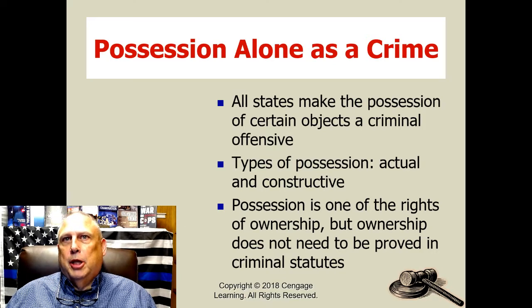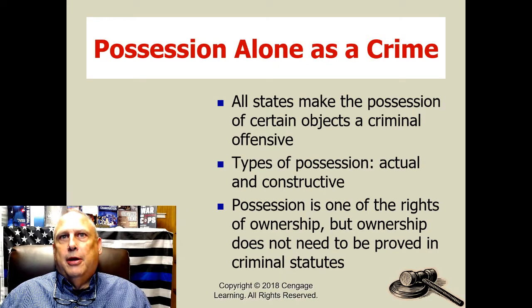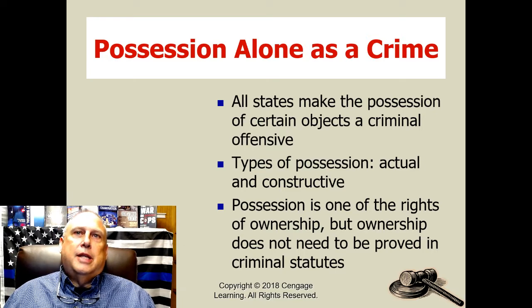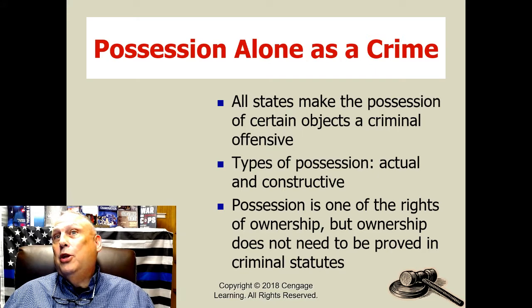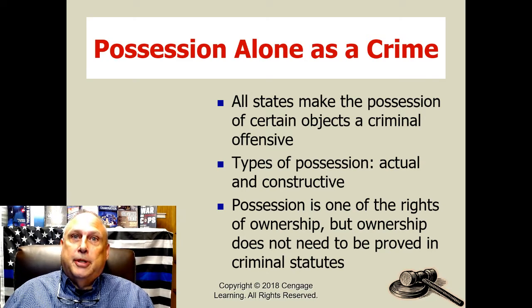let's say that the police come in with a warrant and there's 5 people sitting around a table with lines of cocaine on the table. The state does not have to prove that you owned that cocaine. It also doesn't have to prove that the cocaine was actually yours. All they have to prove in that case is that you had constructive possession.